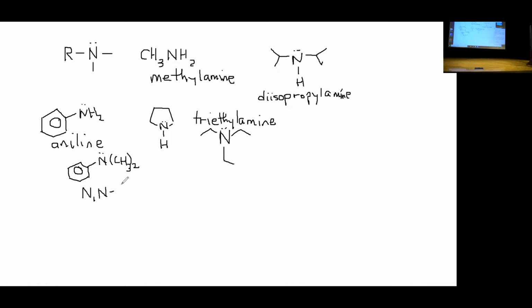N,N, capital N's meaning nitrogen. This is telling us that there's two methyl groups on that nitrogen. And naturally, if we had replaced just one of those two hydrogens with a methyl group, so this were NH-methyl over here, that would just be N-methyl aniline. So this is N,N-dimethyl aniline. So that's how those things are named.